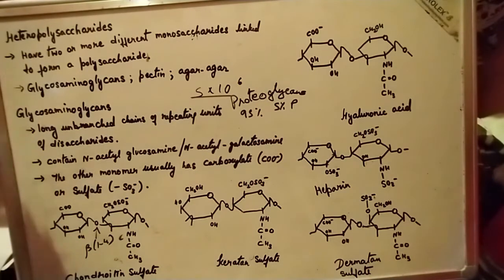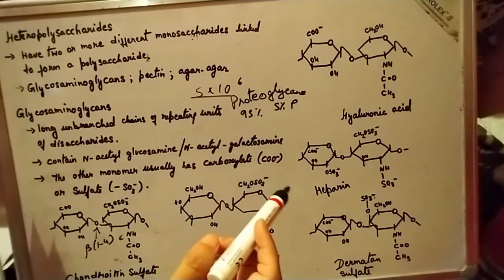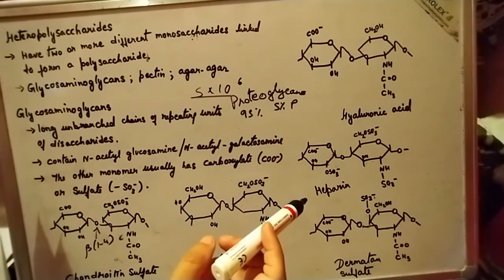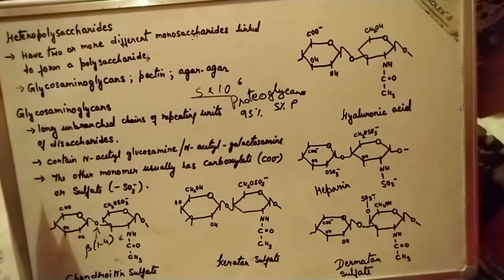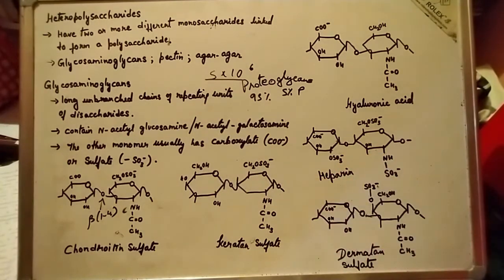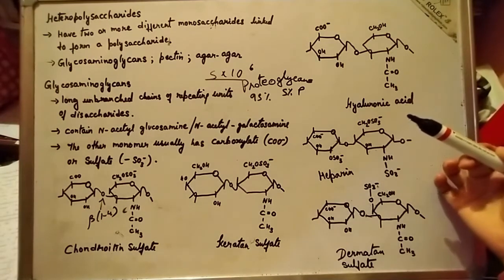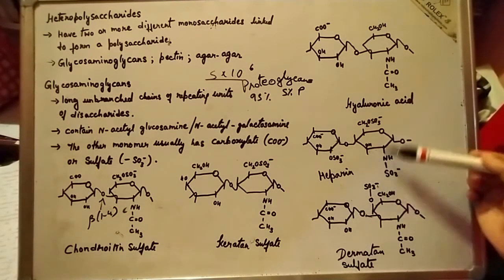Now this particular polysaccharide, hyaluronic acid, serves as a lubricant as well as a shock absorbent in the joints. Okay, so coming to the next important heteroglycan or heteropolysaccharide, heparin.